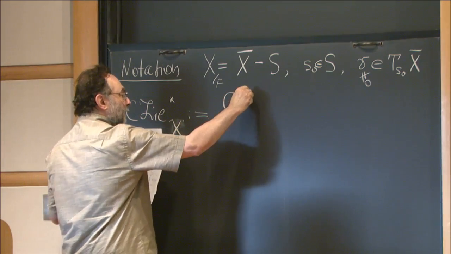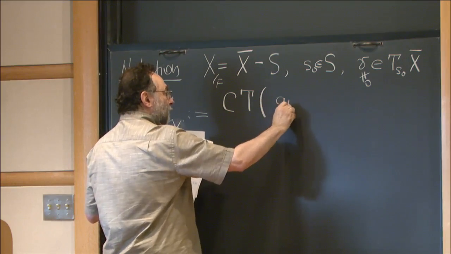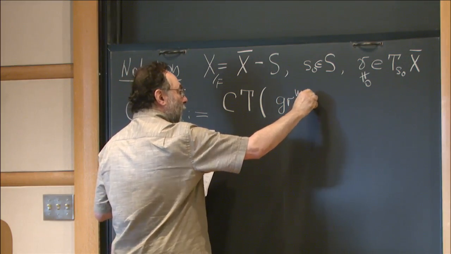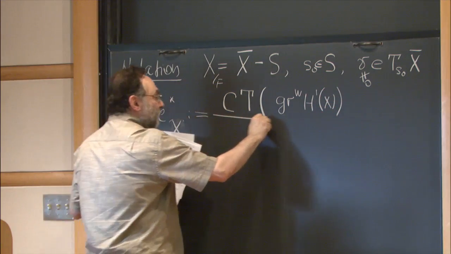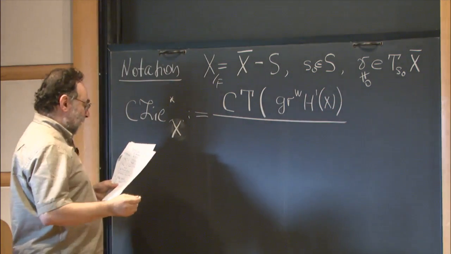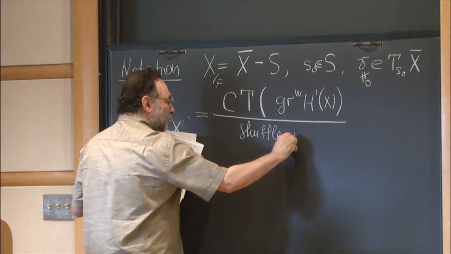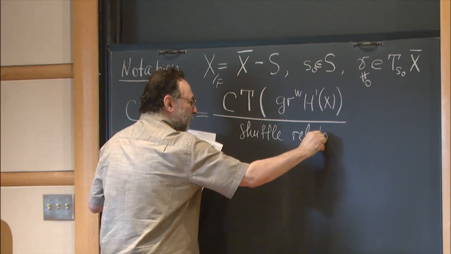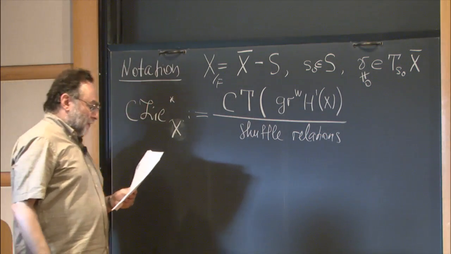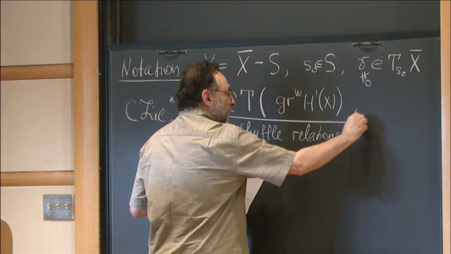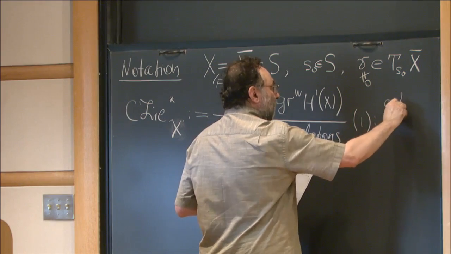It's a cyclic tensor algebra of the associated graded for the weight filtration of H1 of this curve X, divided by a certain subspace, which I last time didn't want to talk about, and also not going to talk right now, shuffle relations. I mean, I defined it last time, but didn't explain anything about this. So just some subspace of shuffle relations, and twisted by Tate by 1. So this is a Lie coalgebra.